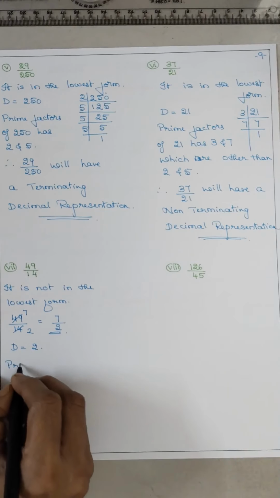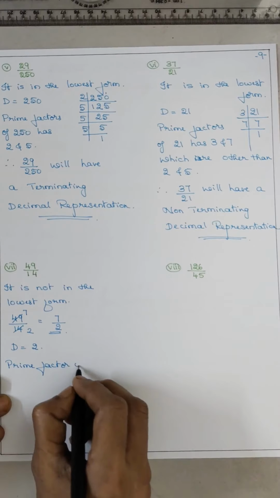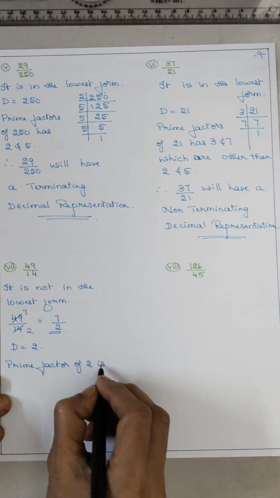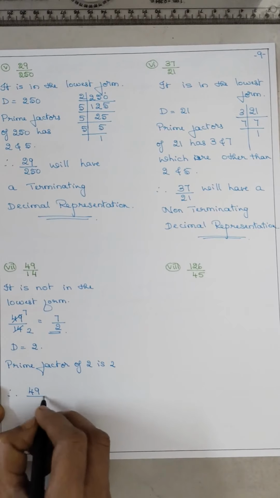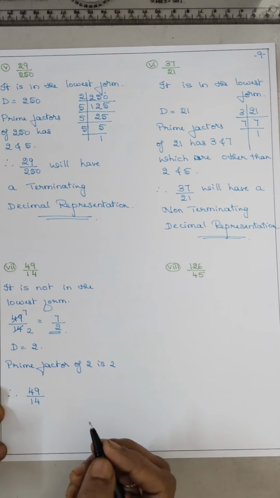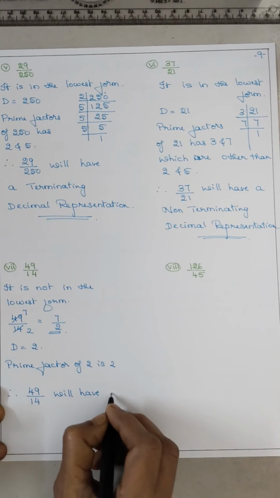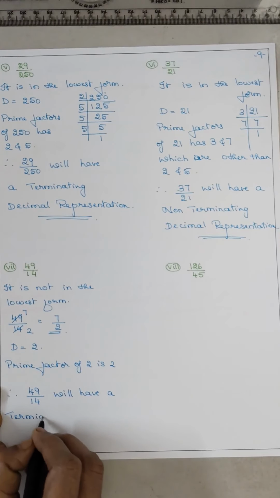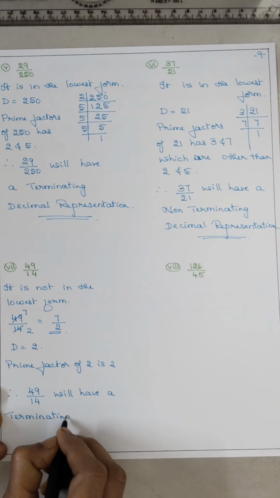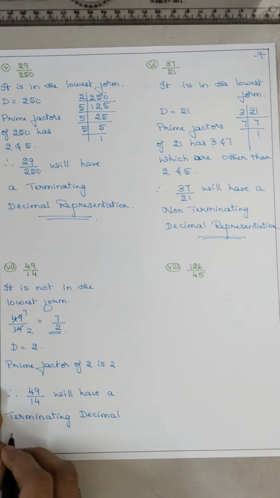So prime factor of 2 is 2. Therefore, 49 by 14 will have a terminating decimal representation.